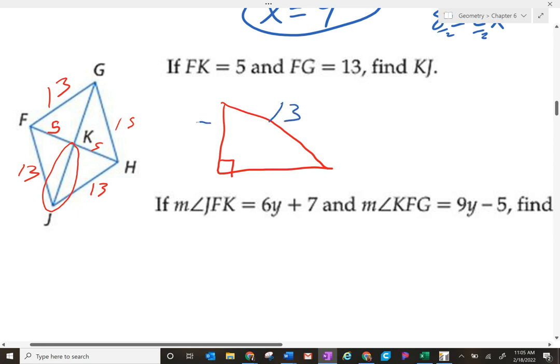This side over here was 5. And based on that picture, the thing that we don't know is going to be the bottom edge of this. So I have this one, I have the hypotenuse, I have this one. I don't know what this one is over here, this KJ.